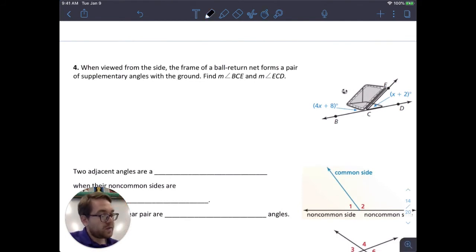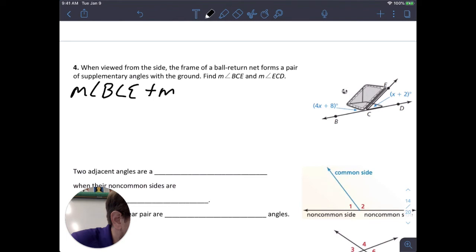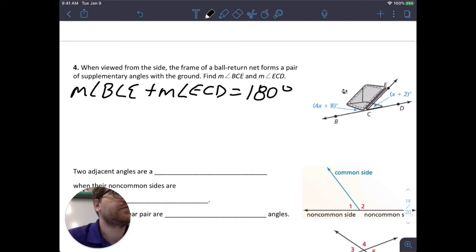So we know they're supplementary, so we know that the measurement of angle BCE plus the measurement of angle ECD should be equal to 180 degrees. Okay? I don't really need the degrees there since we're talking about their measurements. So because the two angles are supplementary to each other, their measurements should add up to 180.